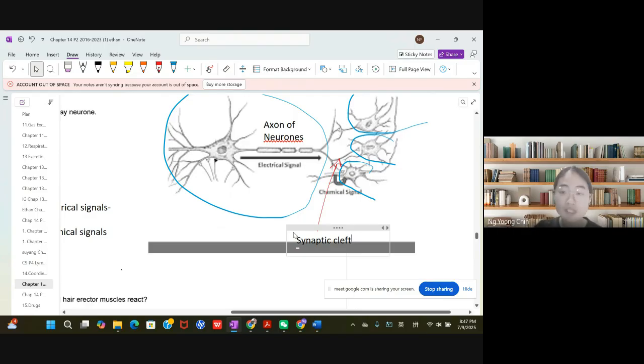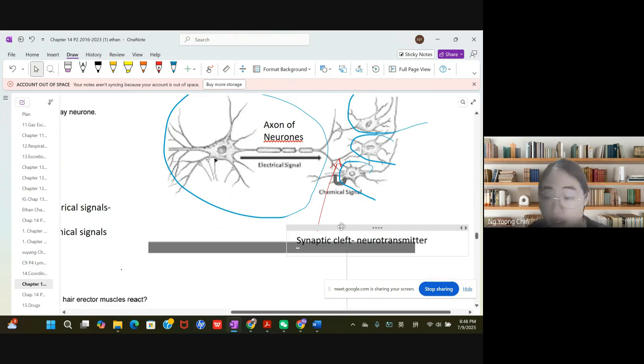Whenever your nerve impulse needs to traverse this empty space between these two neurons, it needs to change its form and become a chemical signal, conducted by neurotransmitters. Only neurotransmitters can diffuse through this synaptic cleft and bind to the receptors on the postsynaptic neuron. So at the synaptic cleft, the gap between these two neurons, the signal is chemical, using neurotransmitters.